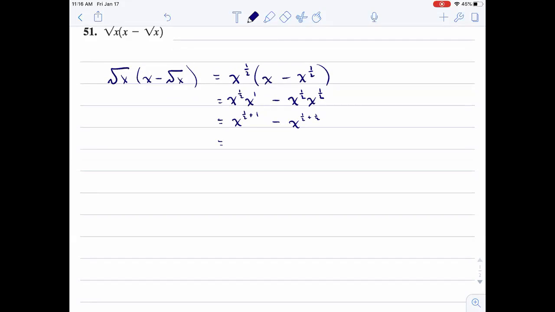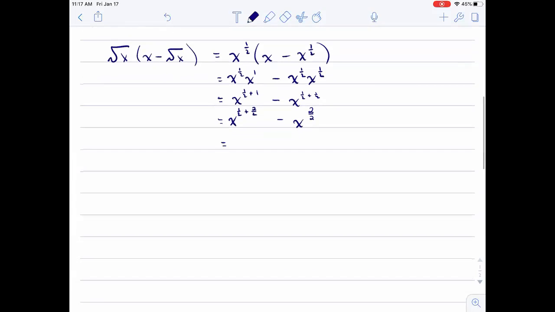And so what I get is x to the power of 1/2 plus 2 over 2, and then x to the power of 1/2 plus 1/2. Those are both over 2, so I can combine them. 1/2 plus 1/2 makes 1, or technically 2 over 2, which we reduce to 1. But let's write that out, 2 over 2, just to see where things are coming from.